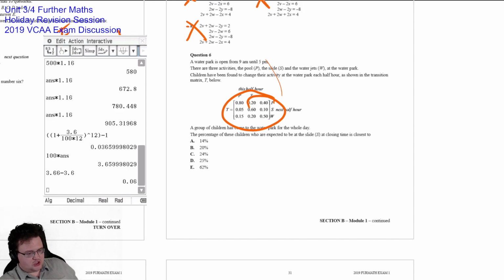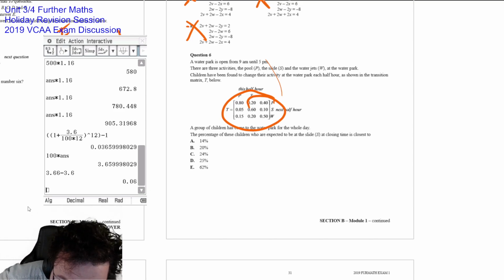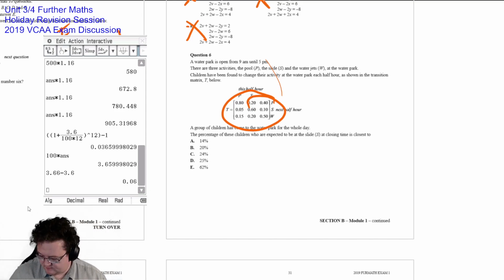If I take that transition matrix and raise it to a power, how many half hours are there between 9 and 5? So how many times will that transition matrix actually be applied? 8 hours, so it's 16.